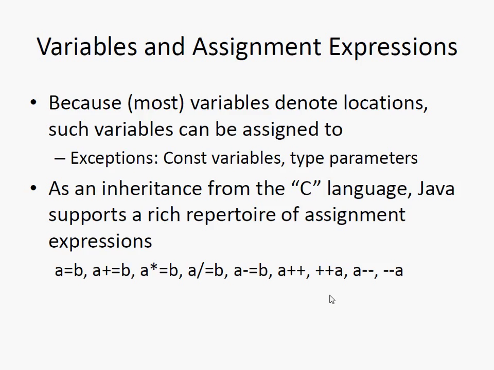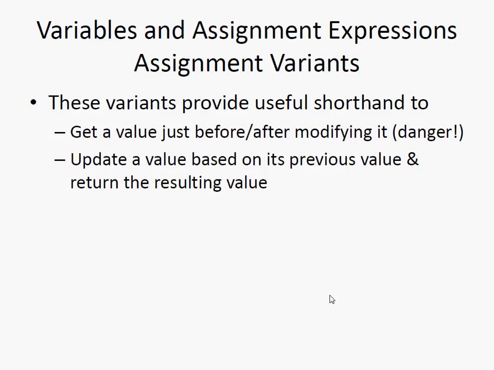What is this? A is incremented. A becomes 1 bigger than its previous value, and we use the value of it that was before we increment it. For this one, A becomes 1 bigger, but we use the value after we incremented it if we depend on that value. Now, often you just see these things on a line by themselves. It doesn't matter what the value is returned by. The point is it's incremented by 1, or decremented by 1, and it doesn't matter what order it's in because we don't use the value from it. Okay.